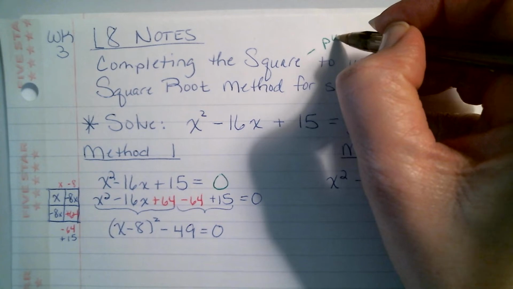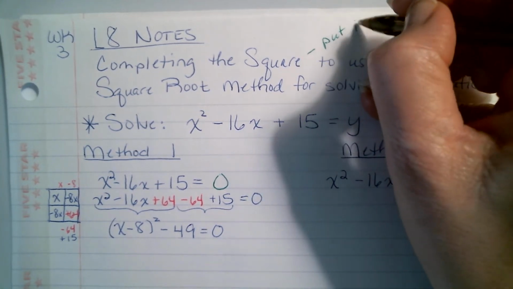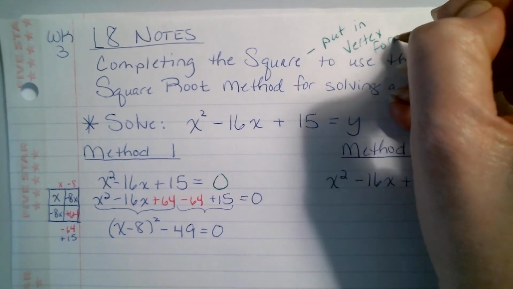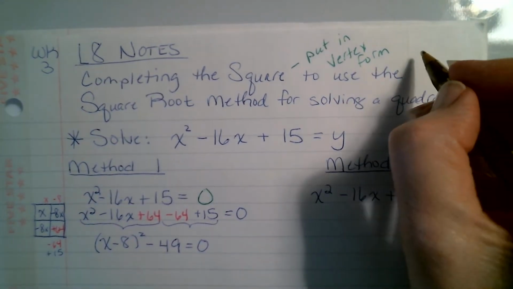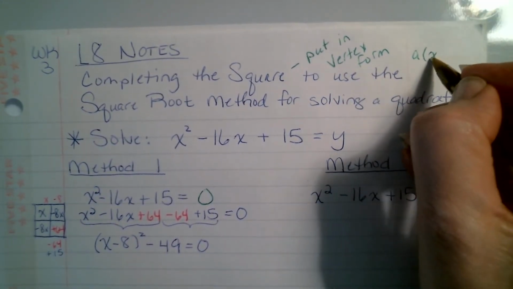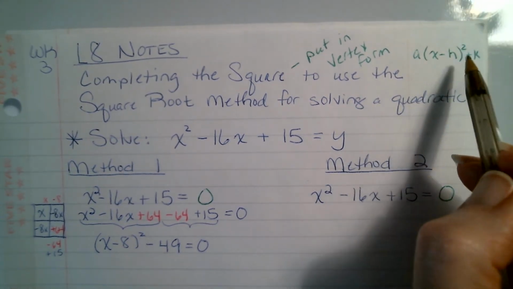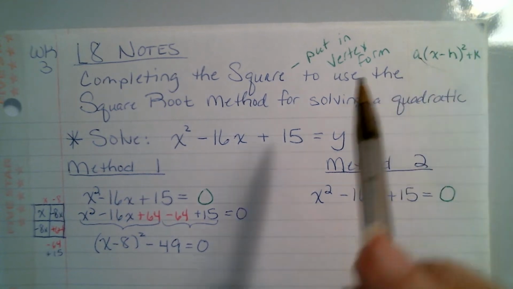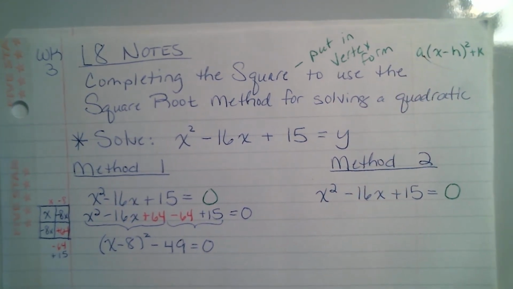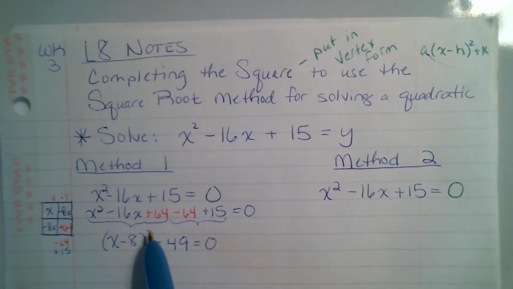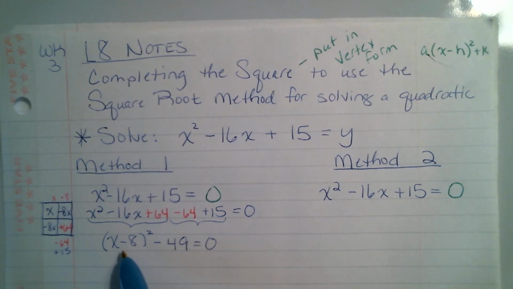Well, it puts it in vertex form. In vertex form, it allows us to isolate the square expression by doing inverse operations. So in that case, I want to isolate this perfect square of x minus 8.